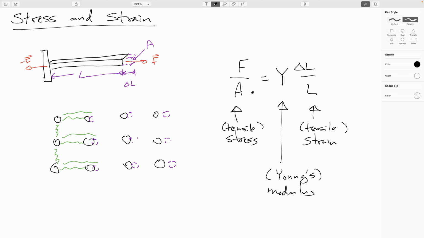So if we go ahead and pull on this, this is an example of a tensile stress. The percentage stretch would be the tensile strain, and then this is Young's modulus. And just for reference, some engineering books will call Young's modulus E. Basically, no physics book will ever do that because of the confusion with energy.